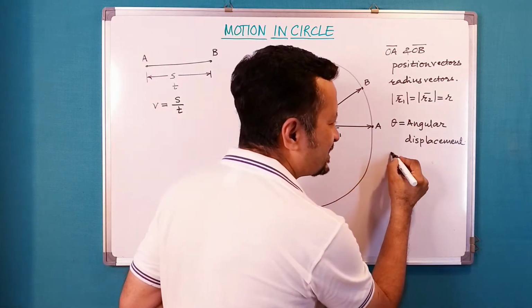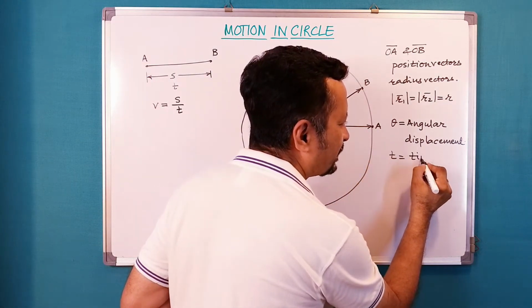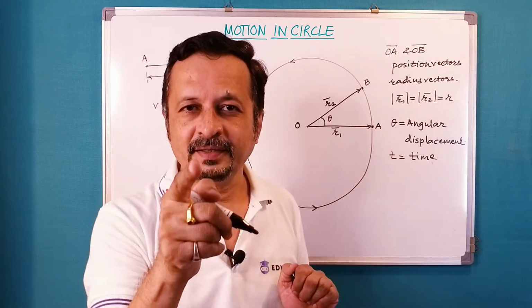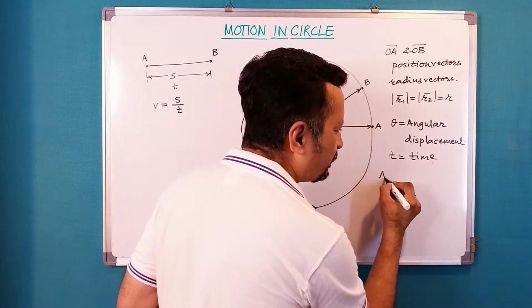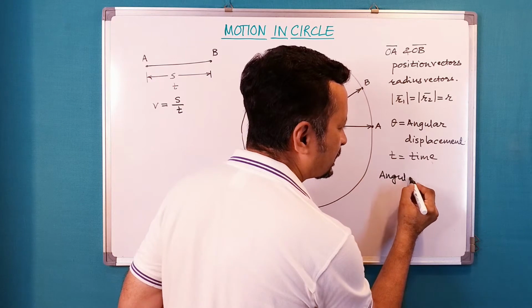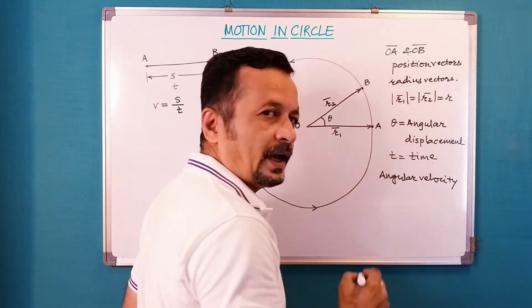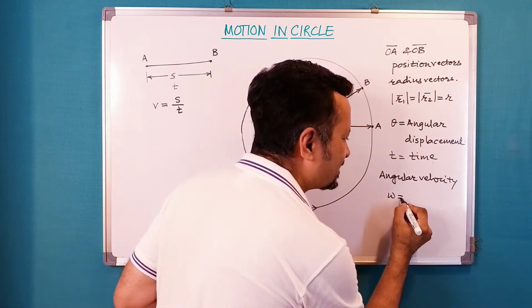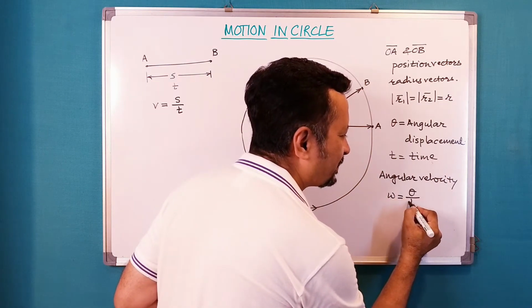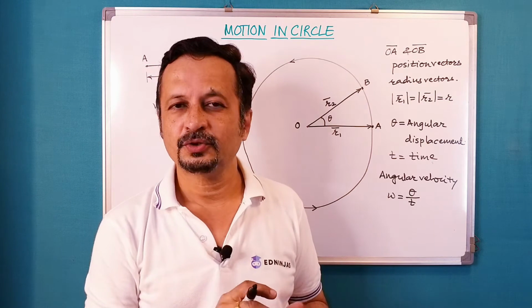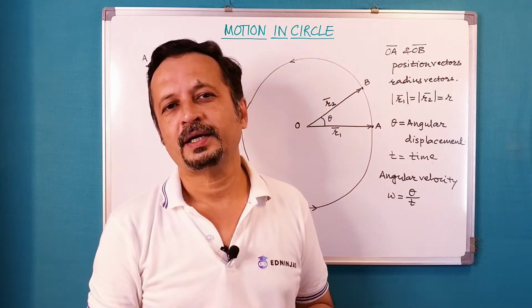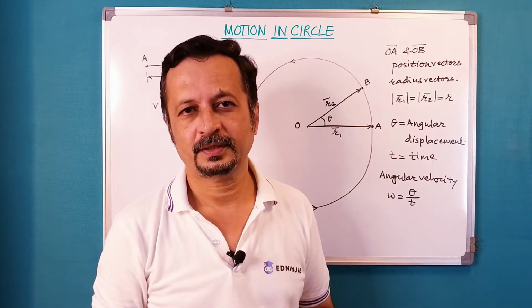Time taken is t. Then I define my angular velocity as omega is equal to theta upon t. So angular velocity omega is theta upon t, correct?